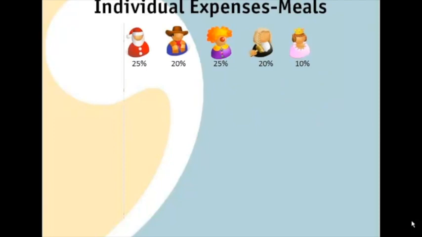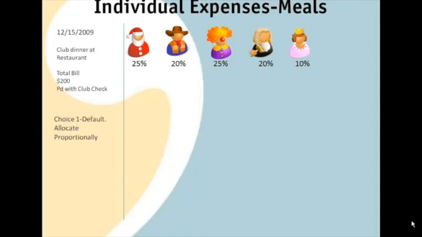In addition to subscriptions, another individual expense that comes up frequently is restaurant meals. Suppose your club had a dinner at a nice restaurant and the total bill was $200. Suppose you had your club treasurer write a club check for this total. When she went to enter the dinner expense, she would have 2 choices on how to allocate it to each member.